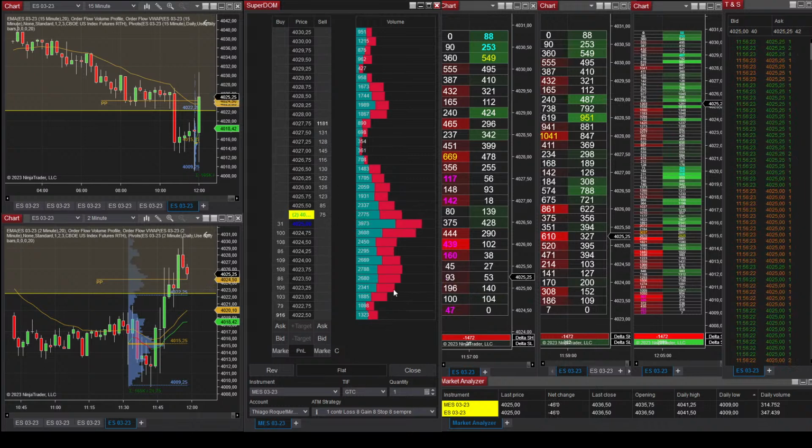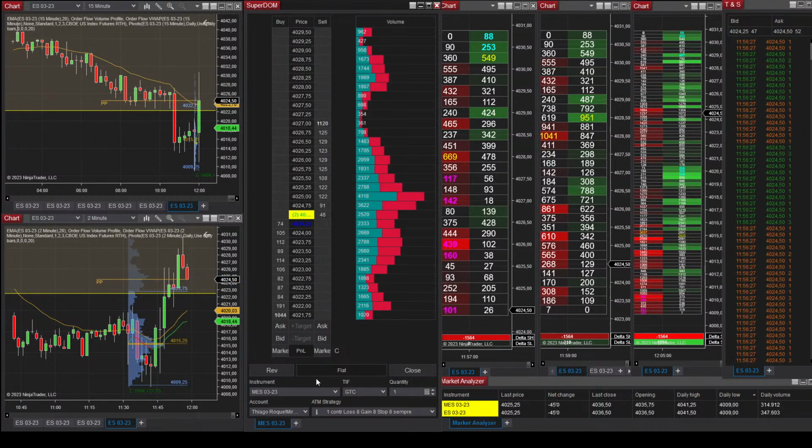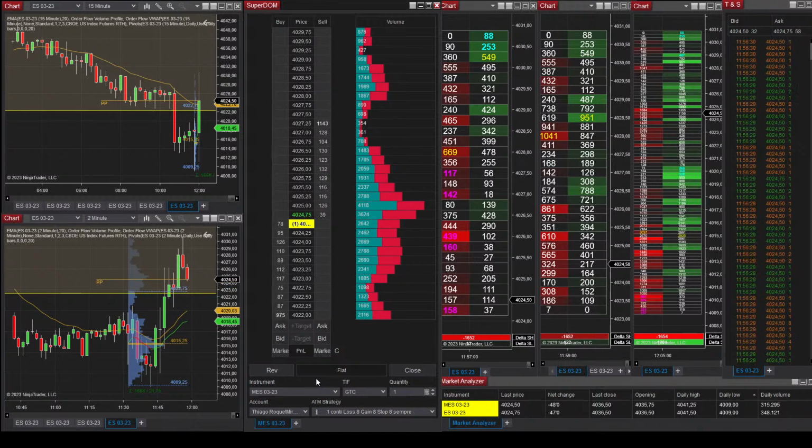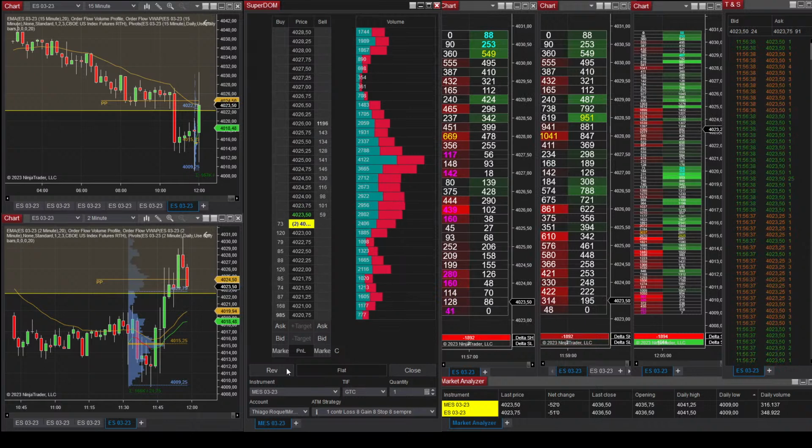But since we're at a really important region, it's better to avoid believing in it, even though it can happen. It's better to avoid, since we could see a defense.